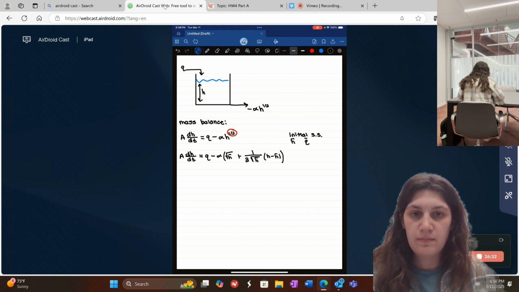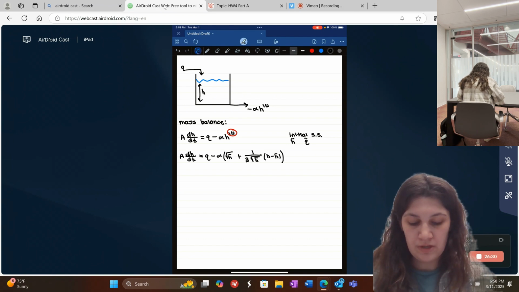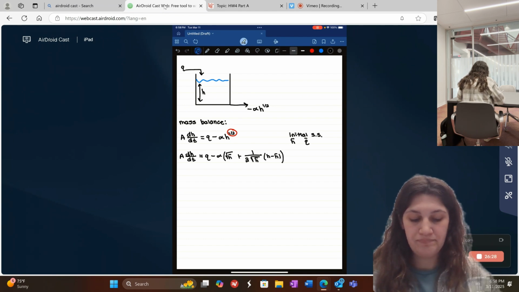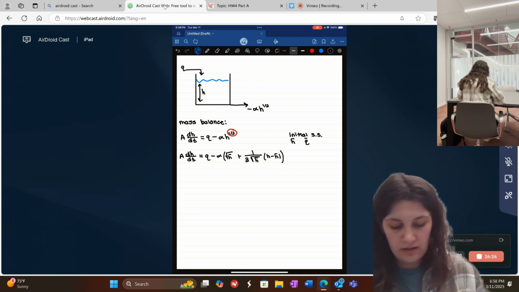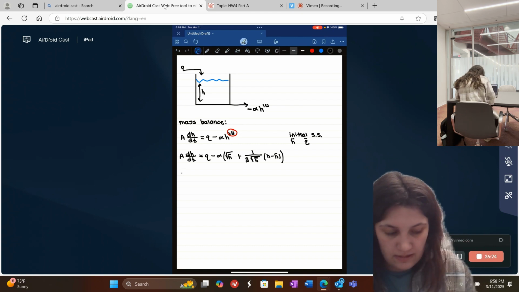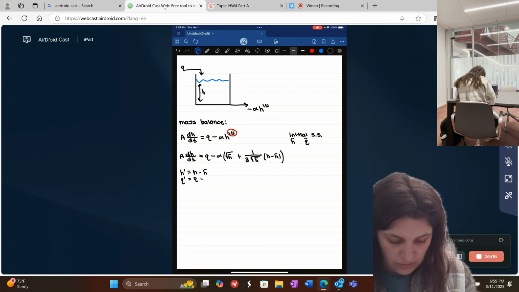And what we can do is define our deviation variables, and these are just the value minus the initial steady state. So h prime is h minus h bar.